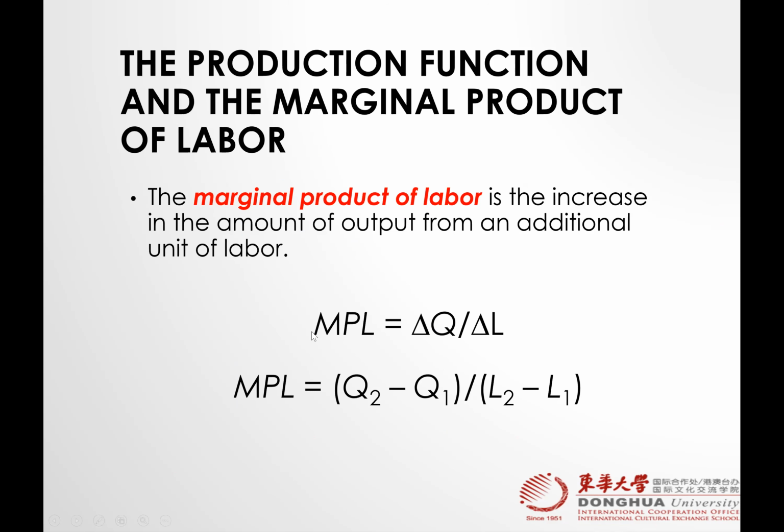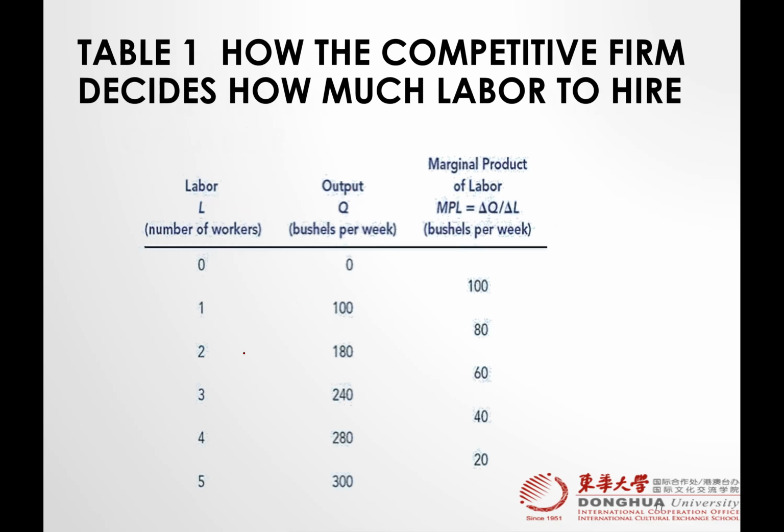And what is marginal product? Its formula is change in quantity divided by change in labor, which means Q2 minus Q1, new quantity minus old quantity, divided by new labor minus old labor, L2 minus L1. So where did this 80 come from?